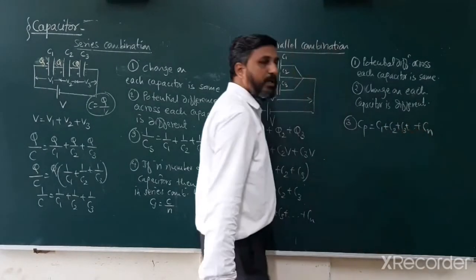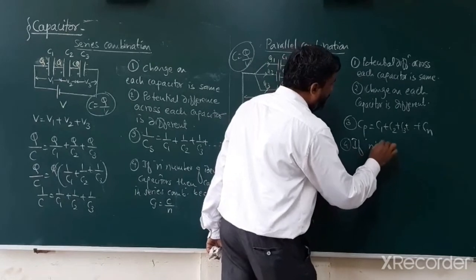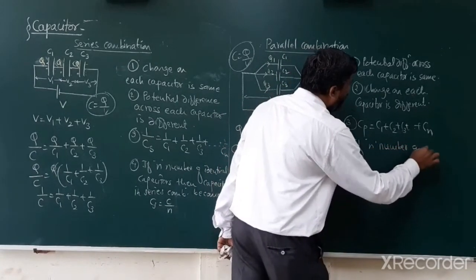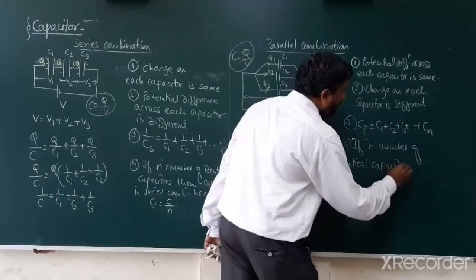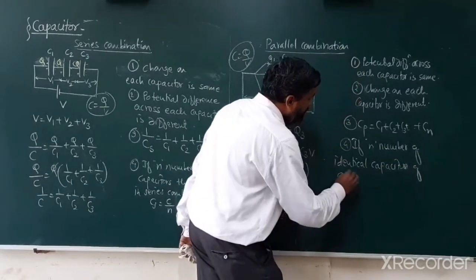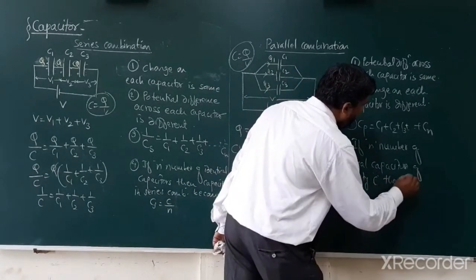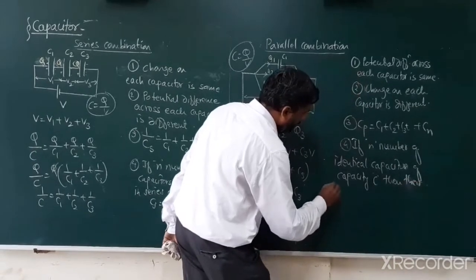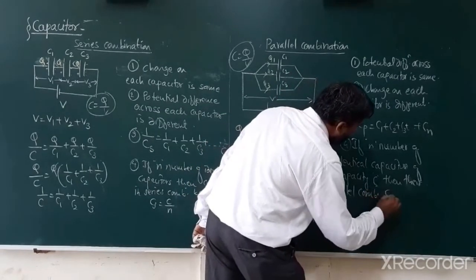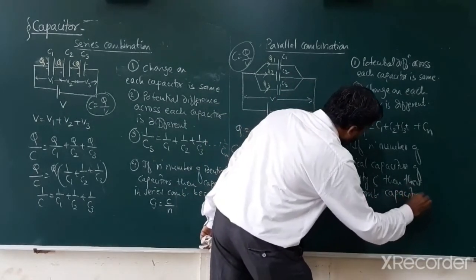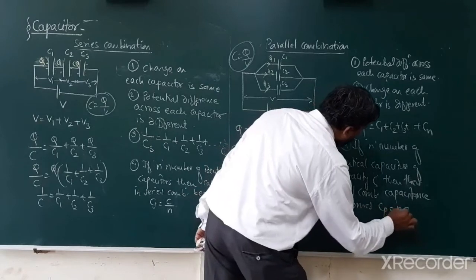If n number of identical capacitors of capacity C, then the parallel combination capacitance becomes Cp equals n times C.